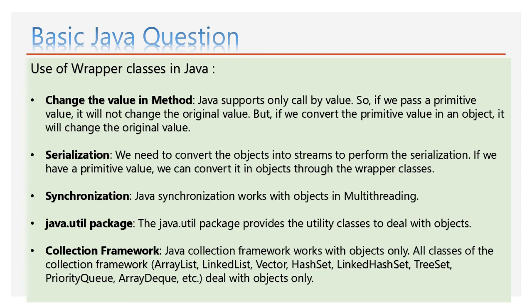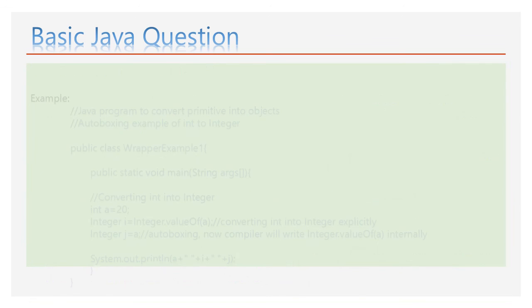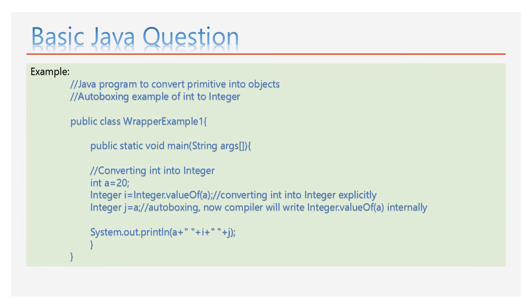All classes of the collection framework, ArrayList, LinkedList, Vector, HashSet, LinkedHashSet, TreeSet, PriorityQueue, ArrayDeque, etc., deal with objects only. Let's see an example. We have declared an int variable, and we have to convert it to Integer explicitly using a wrapper class. This is all about the wrapper class.